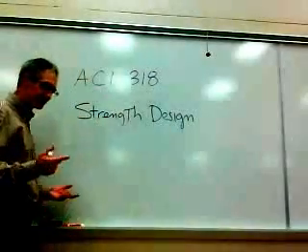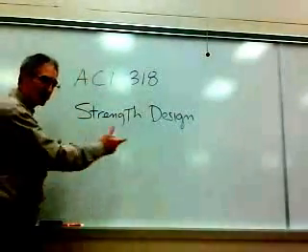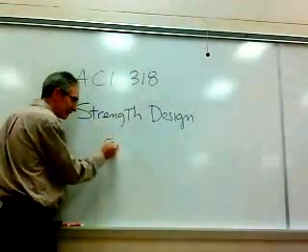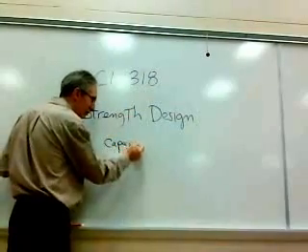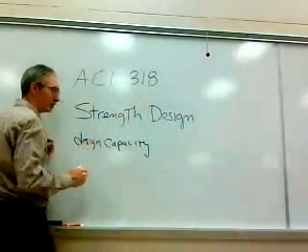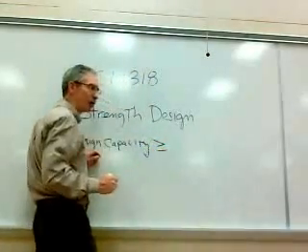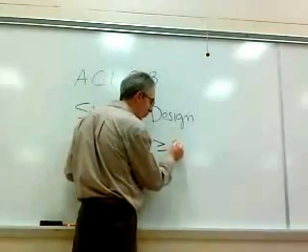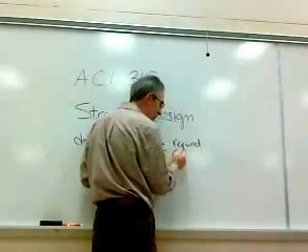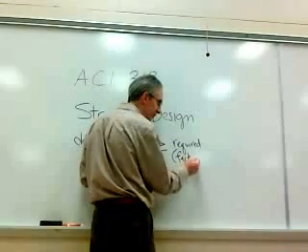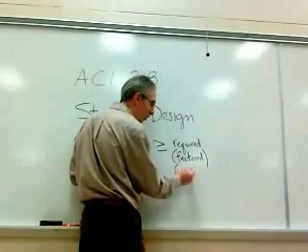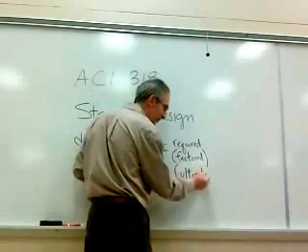Strength design basically looks like this. You have a capacity of a member, and you could call that the design capacity of a member. And that design capacity has got to be greater than or equal to a required capacity, or required factor, or in concrete, a lot of times they call this the ultimate.